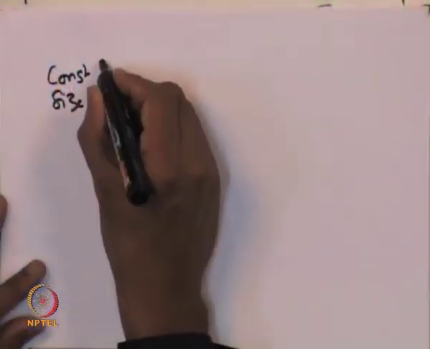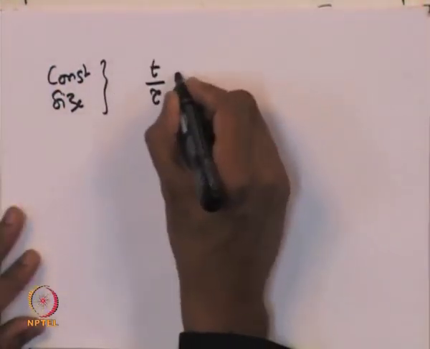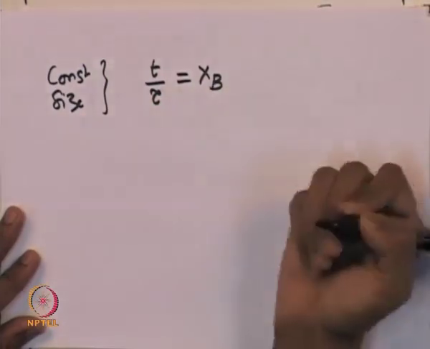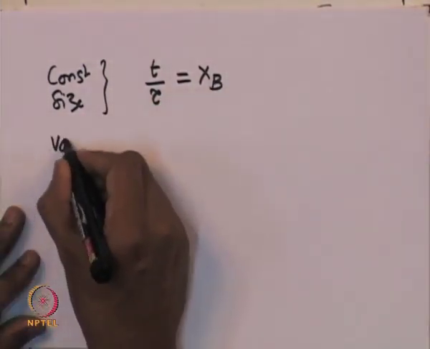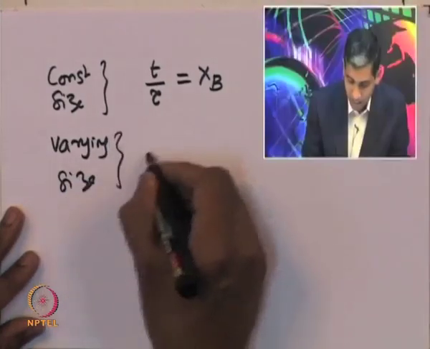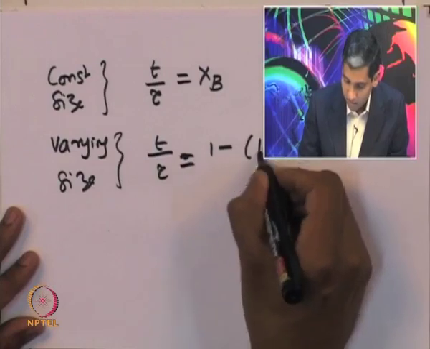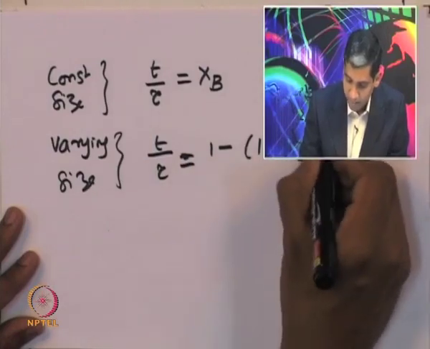In the case of constant size, if the film diffusion is controlling, the fractional time taken is equal to the conversion itself, while for the varying size, t by tau is given by 1 minus xb to the power of 2 by 3.